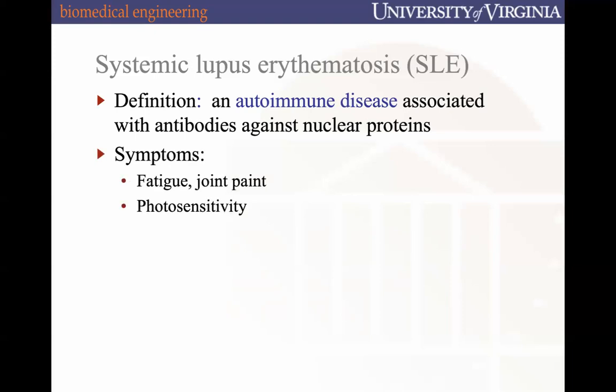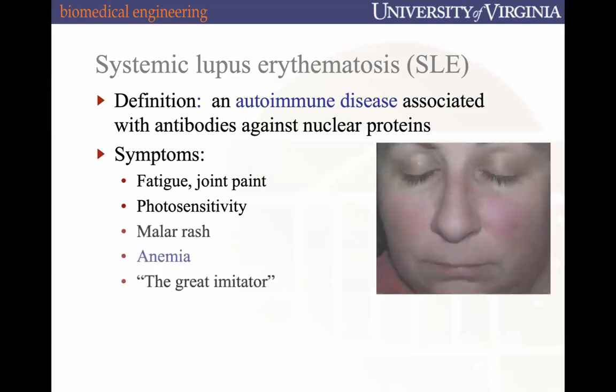A couple symptoms of lupus: fatigue and joint pain. Photosensitivity is a big symptom, and there's a condition called a malar rash, which is what's shown in this image. It's a characteristic butterfly rash over the cheeks, as well as anemia and other symptoms. This disease is commonly referred to as the great imitator because there are many different types of symptoms that can present with lupus, or SLE.